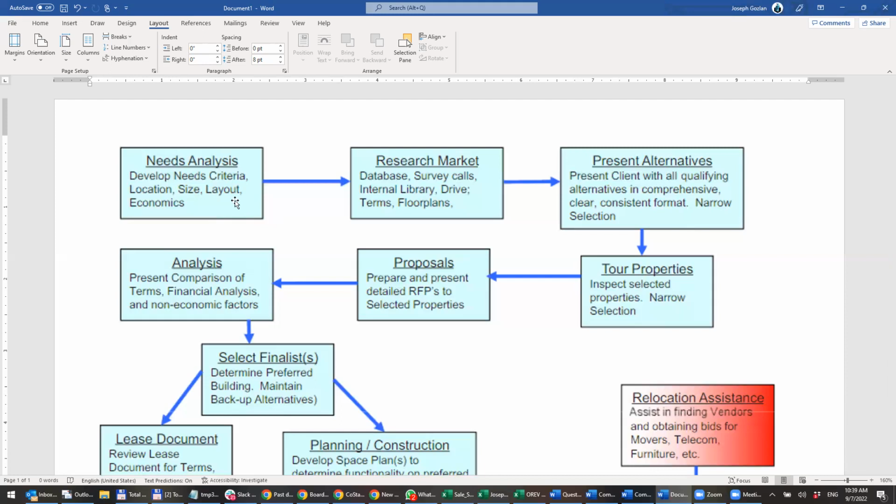So it all starts with needs analysis. What do they need? If they have a specific location, if they have any specific size, layout, budget. HVAC is a big thing in industrial. A lot of the places where you'll have either industrial warehouses or flex space or a mix between a front and a back warehouse, HVAC is a big question. Is it only AC for the office, or is the warehouse itself AC as well?